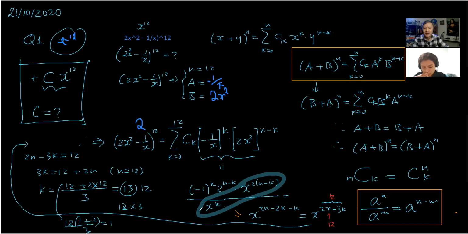Now, what would be the coefficient? That would be this one. Can you see? I will use these colors. That is the coefficient we're looking for. Can we write it down? Next page. It's negative k, 2n minus k. Yeah, that's the coefficient.